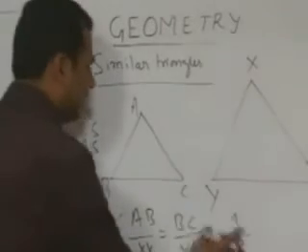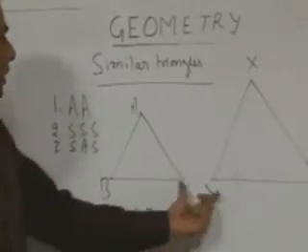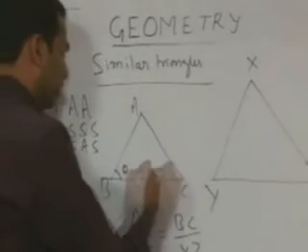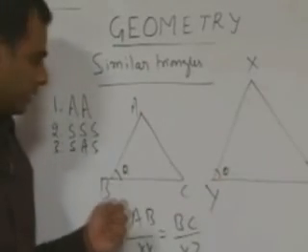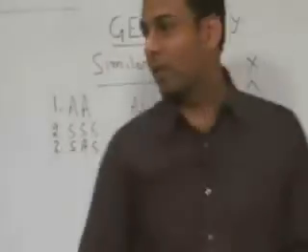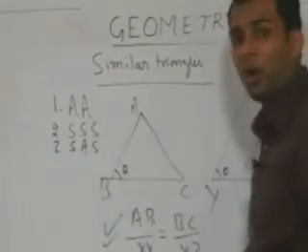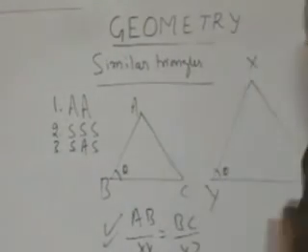For example, if I say AB by XY is equal to BC by YZ, it has been given, and also it has been given that these two angles are also equal. So this is the side angle side. So these are the three important theorems to prove whether the triangles are similar or not. Now let's discuss a couple of questions based on the similar triangles here.